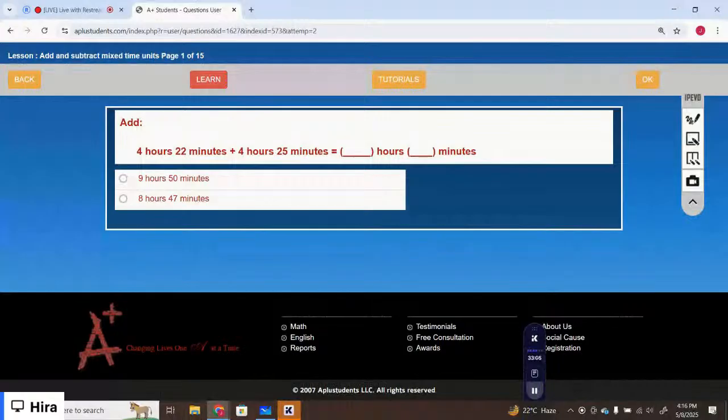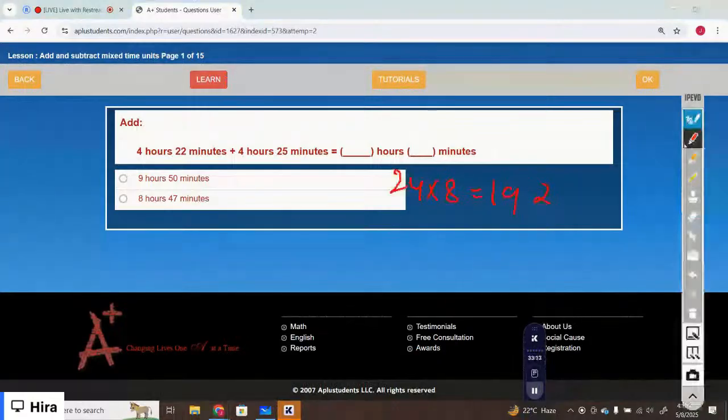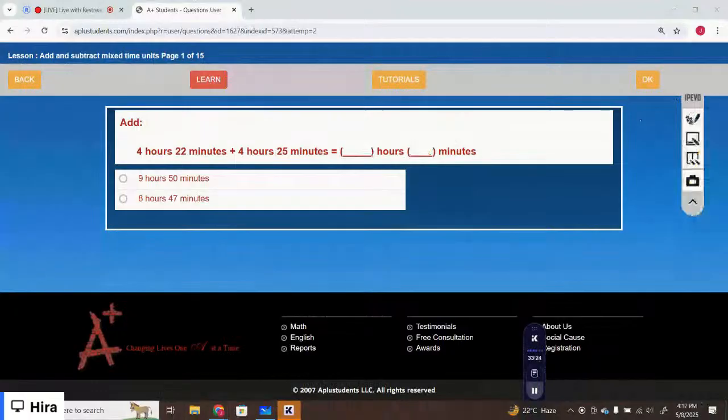It's hours to hours and minutes to minutes. 4 plus 4 is 8 hours. That is 8 hours 47 minutes. Option number 2 is the correct option. 8 hours 47 minutes.